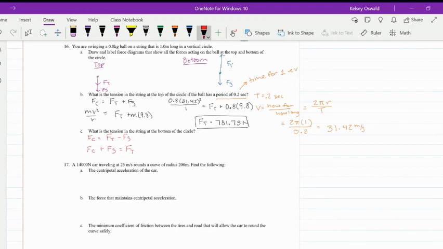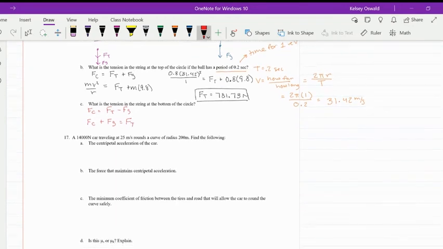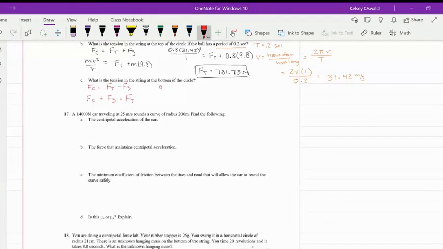Okay, so if we look, we already found our centripetal force in that previous problem. We said our centripetal force is 0.8 times our velocity of 31.42 squared over our radius of 1. So again, that centripetal force is not going to change throughout our circle because we're moving at a constant velocity.